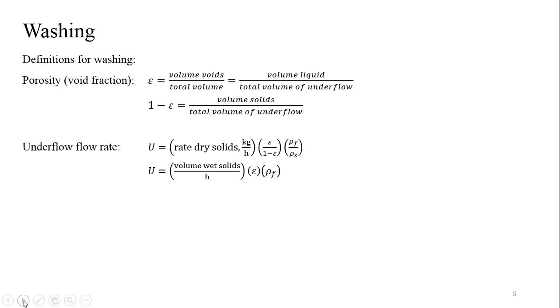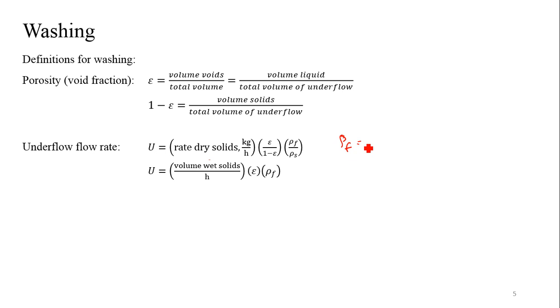We can then define the underflow flow rate. That's our capital U. And we oftentimes will do this on one of two bases. One basis is that we do it on the basis of the rate of dry solids, because that's a constant, right? It's not changing the dry solids in any fashion. So we can then express this underflow rate in terms of the rate of the dry solids, some time basis, another term that gives us the effect of the porosity, and another term that gives us the effect of densities here, right?